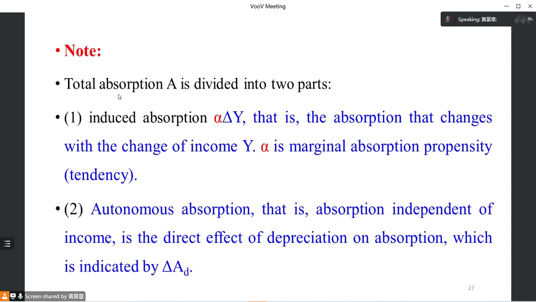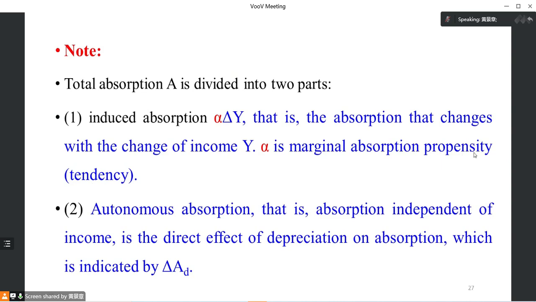Note, total absorption A is divided into two parts. First, induced absorption, alpha delta y, that is, the absorption that changes with the change of income y. Alpha is the marginal absorption propensity, or tendency.